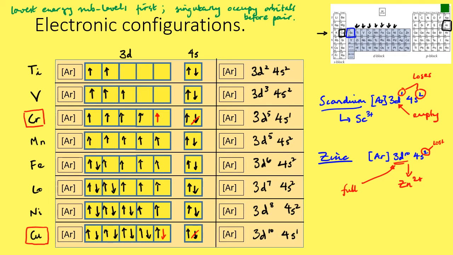So one of these 4s electrons jumps out and occupies a 3d orbital instead, and that is more stable. So for the copper atom to have a full 3d sublevel and a partially filled 4s orbital is more stable for it than the original way we drew it. So that's how it exists in nature, and the way that we write it is 3d10 4s1, like that.